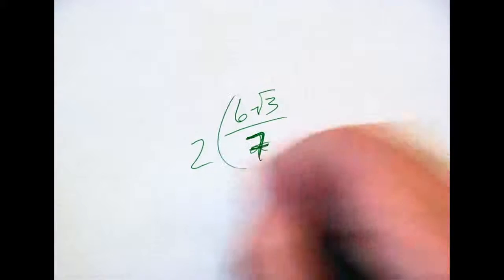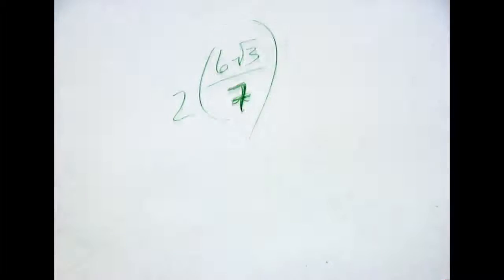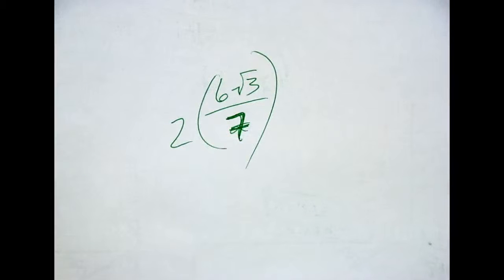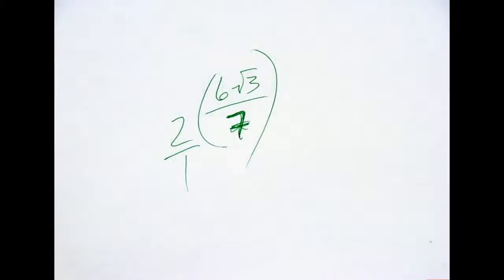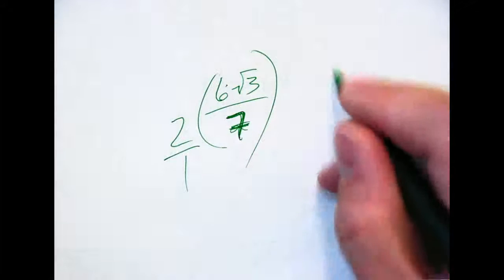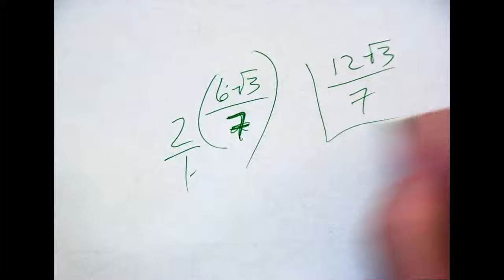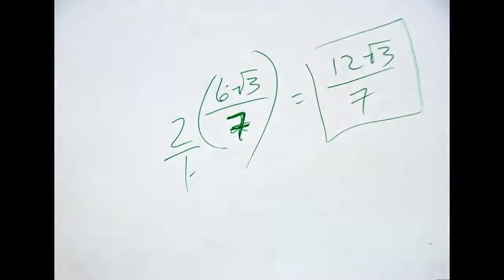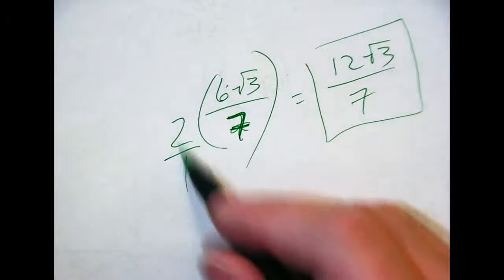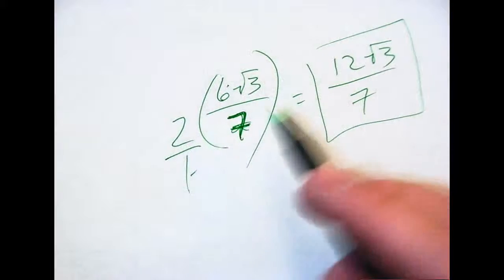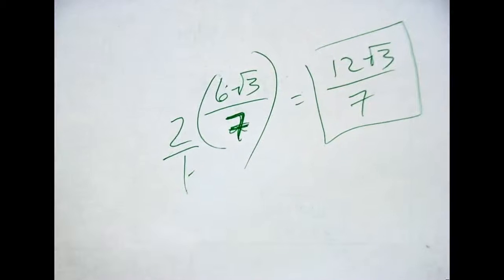Can't simplify it. How do you multiply that? This is just a fraction right here. 2 times 6 is 12 root 3, 1 times 7 is 7. That's just multiplying fractions, which we're all pretty good at, I hope.